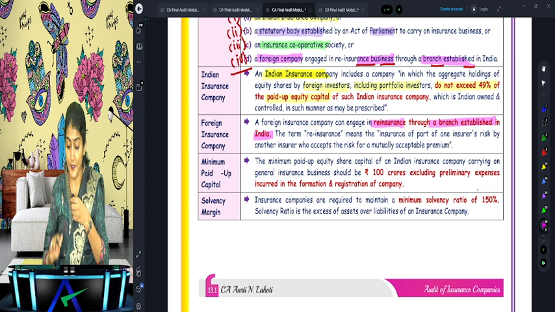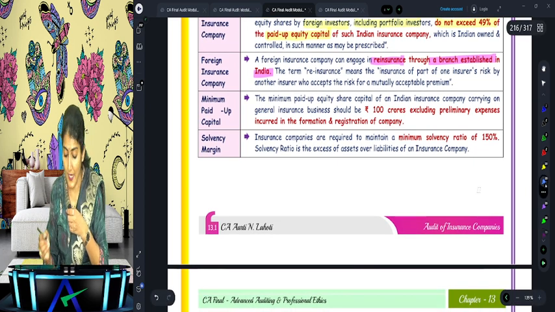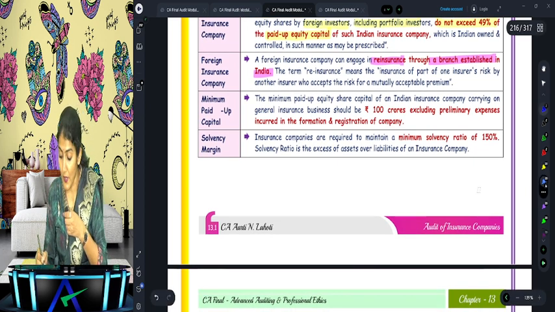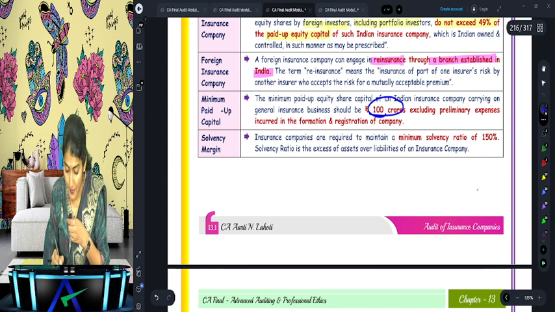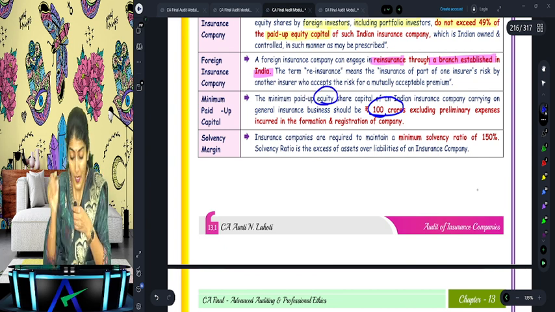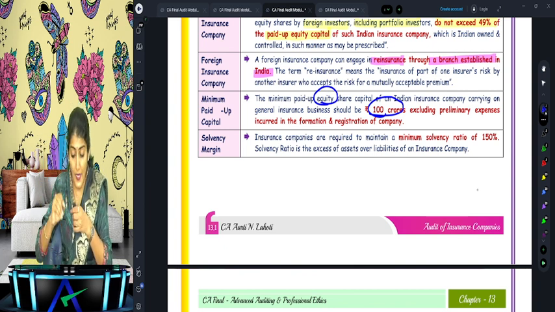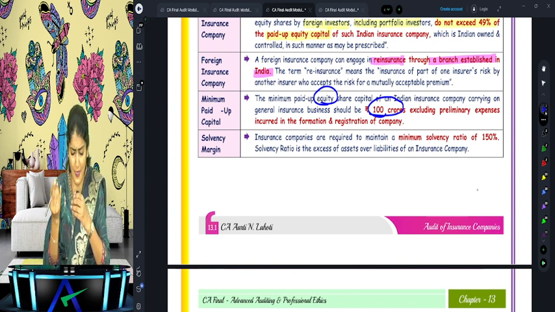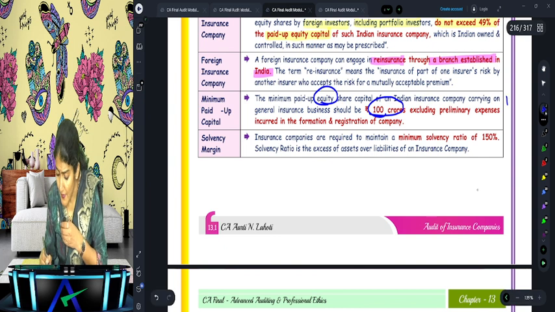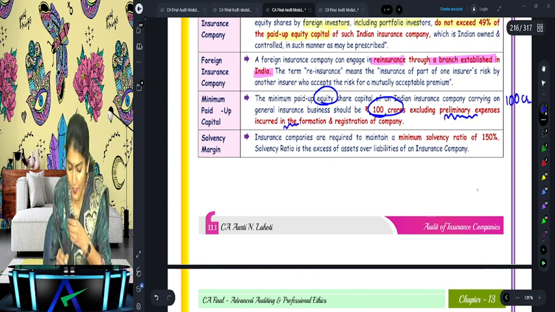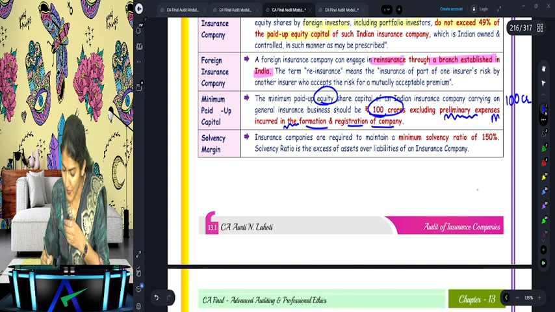Okay, right. Next question. What is the minimum paid up share capital for the insurance company? 100 crore, equity share capital. The minimum paid up equity share capital of an Indian insurance company carrying on the general as well as the life insurance business should be 100 crore, excluding the preliminary expenses incurred in the formation and registration of the company.